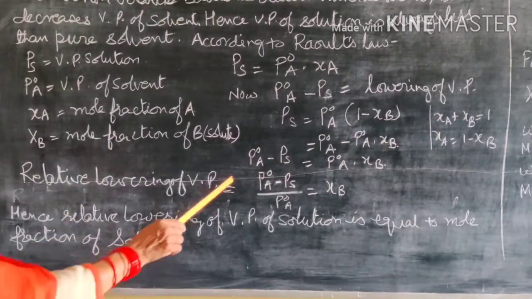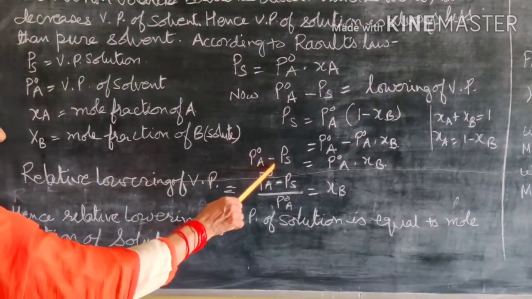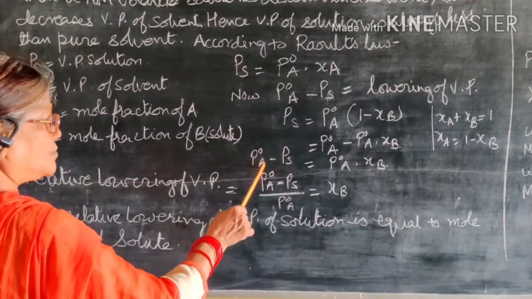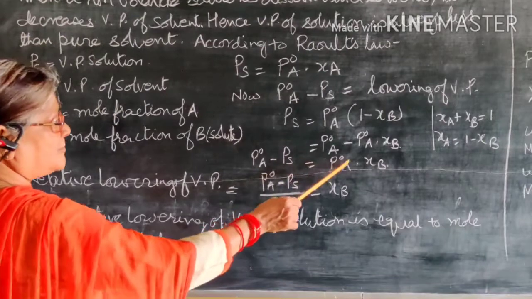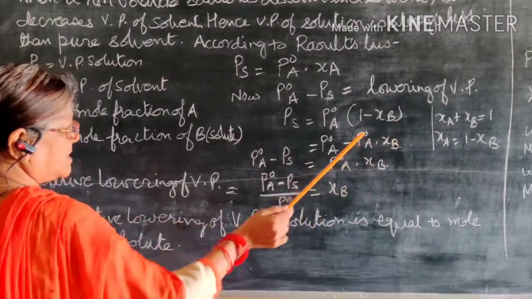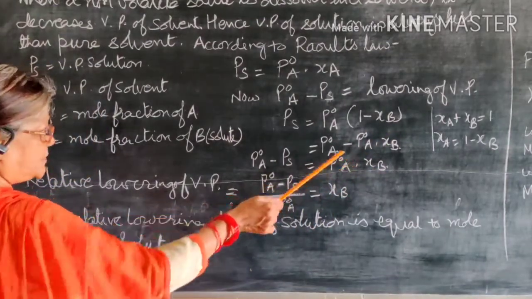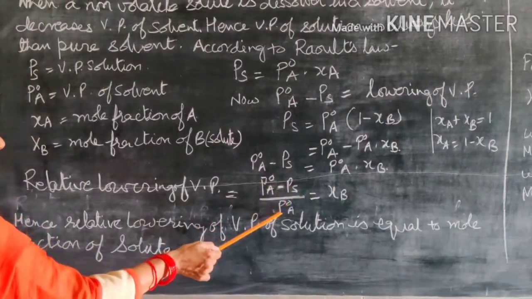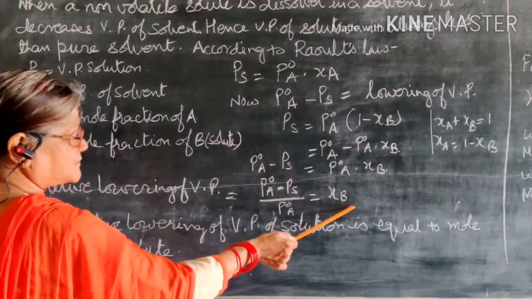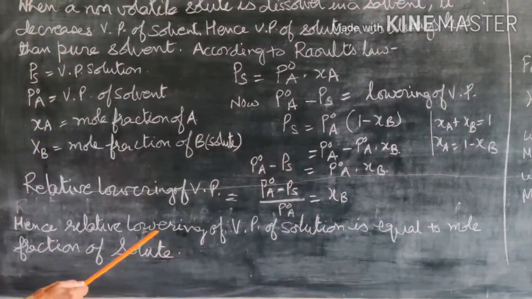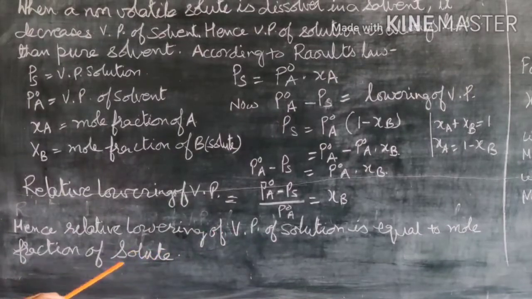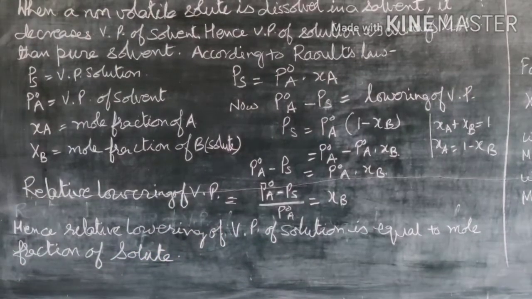I am repeating, P0A minus Ps is the lowering of vapor pressure, and according to Raoult's law, it is equal to P0A into Xb. So when you transpose P0A, you will get P0A minus Ps upon P0A is equal to Xb. So the relative lowering of vapor pressure is equal to the mole fraction of solute.